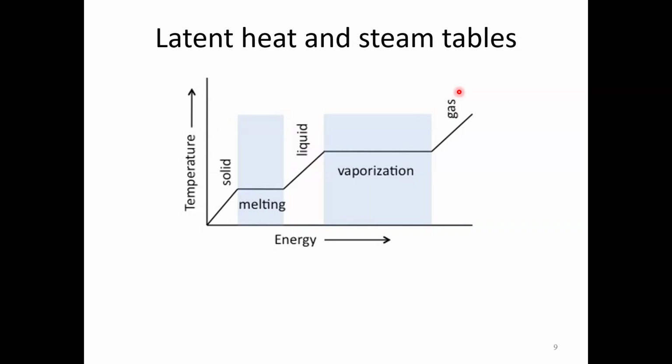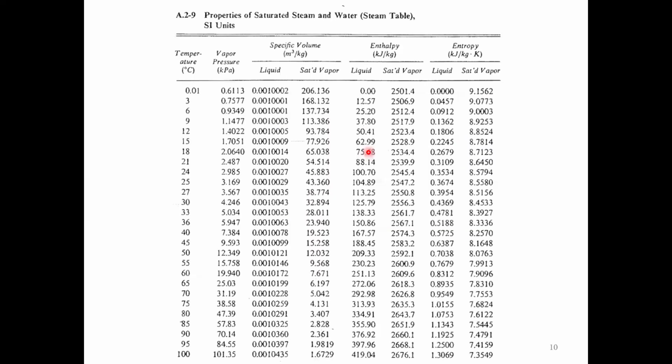And in the gas phase as well, as we provide more energy, the temperature of the gas keeps rising. So you just learned what is latent heat of vaporization. The amount of energy that is needed to convert from liquid phase to gaseous phase is the latent heat of vaporization, right?